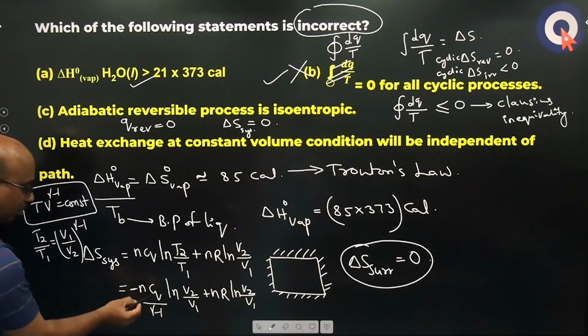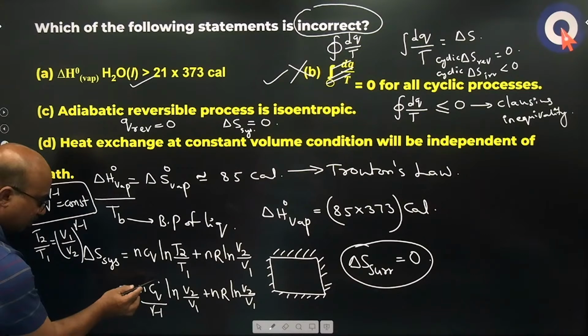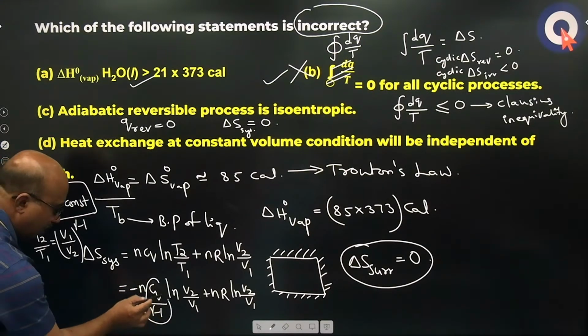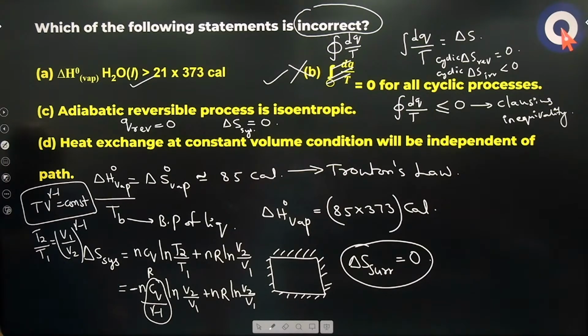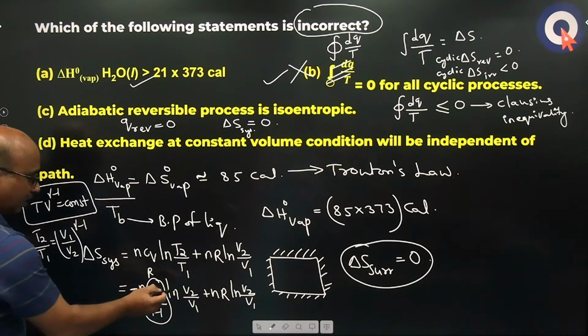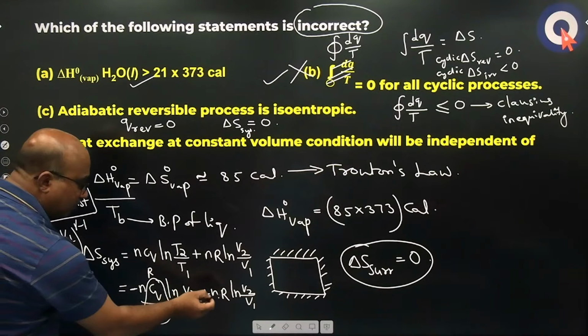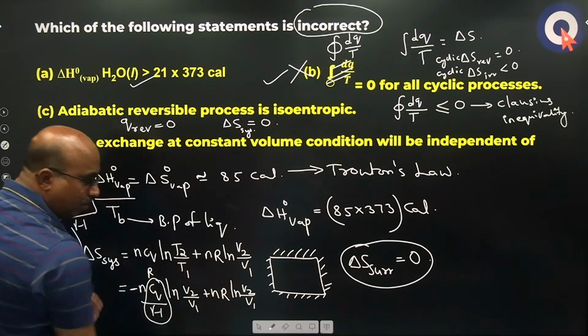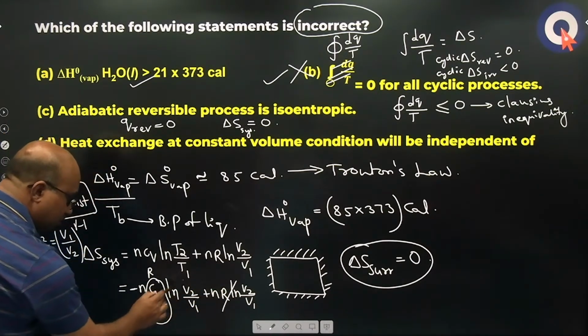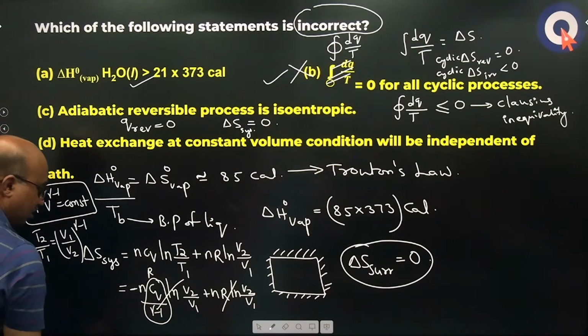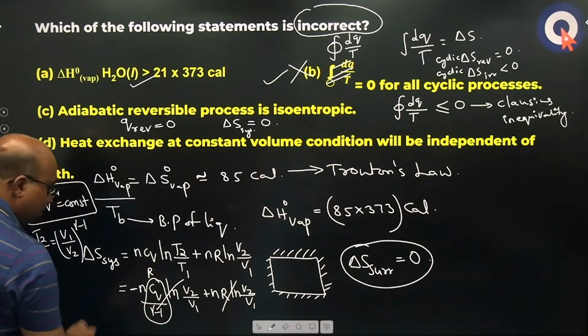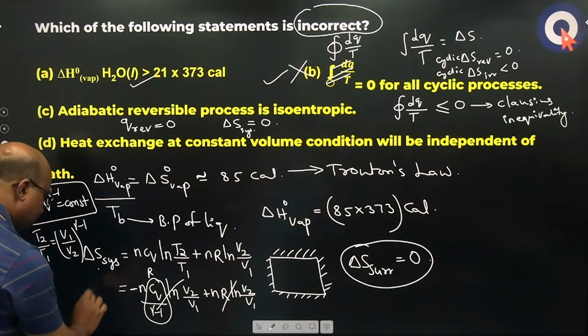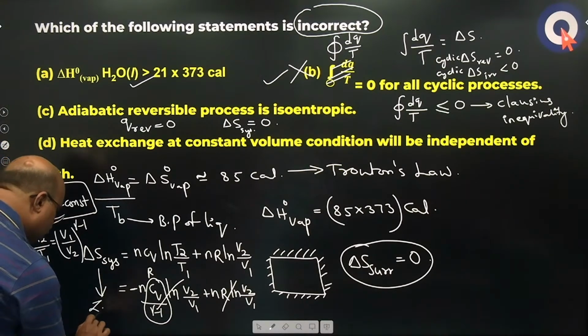But CV by gamma minus 1 is nothing but R. So we have minus nR ln V2 by V1 plus nR ln V2 by V1; both are the same with different signs, so they cancel. Therefore delta S system is also equal to 0.